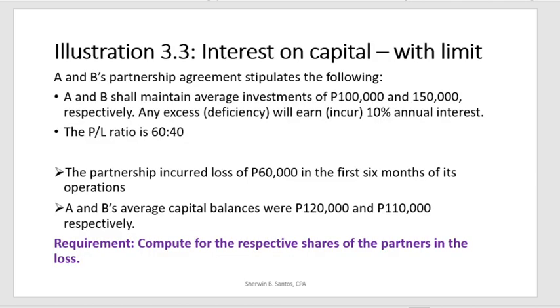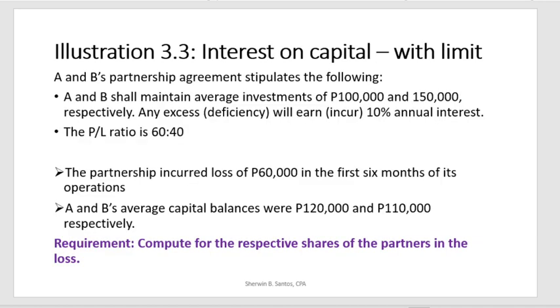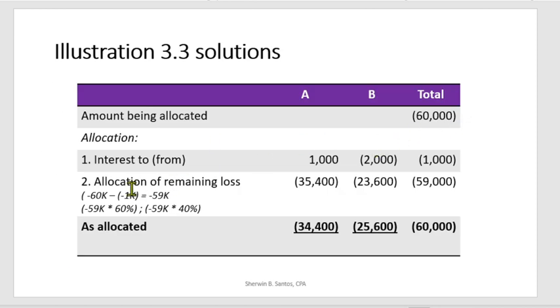Gagamitin natin yan on the computation of the allocation of the partnership loss. Magkano ang partnership loss? Balikan lang natin. 60,000 ang partnership loss. Interest to or from, ibibigay kay A 1,000, ang manggagaling naman kay B 2,000. So, ang negative effect niyan, 1,000, then negative 2,000 ay negative 1,000.